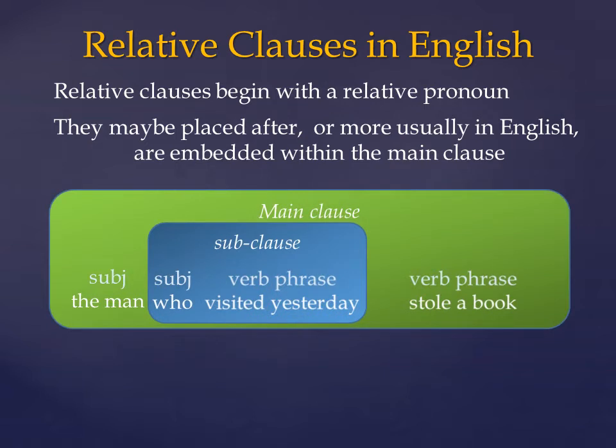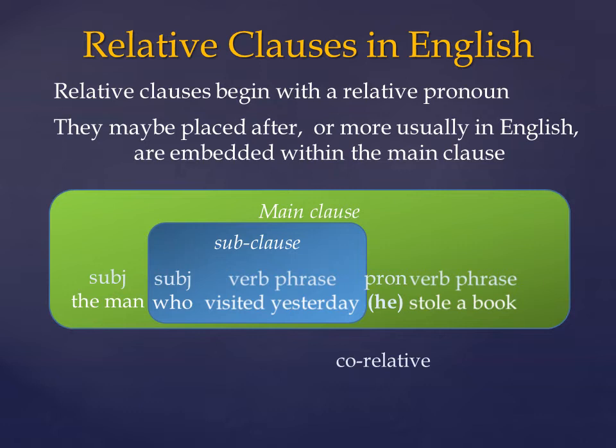And also, sometimes in English, we can add a second pronoun in the main clause to finish the sentence. This second pronoun is termed the correlative pronoun. The word relative is actually from Latin and means to refer back.